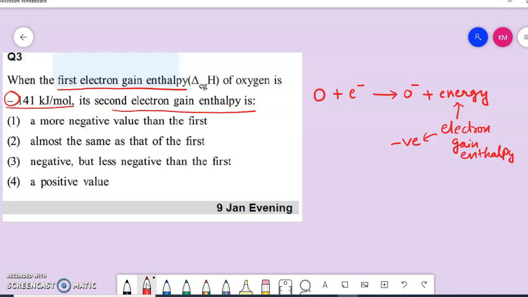Now what he is talking about, second electron gain enthalpy, means O- has been formed over here. You are going to add another electron and it forms O2-. Electron is a negative charge and O- is also a negative charge. So obviously when you are adding an electron to a negatively charged ion, there is a possibility of repulsion because of the like charges. To overcome these repulsions, we need to supply energy.